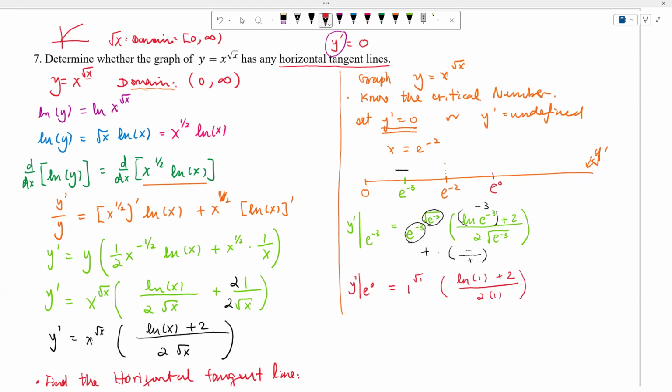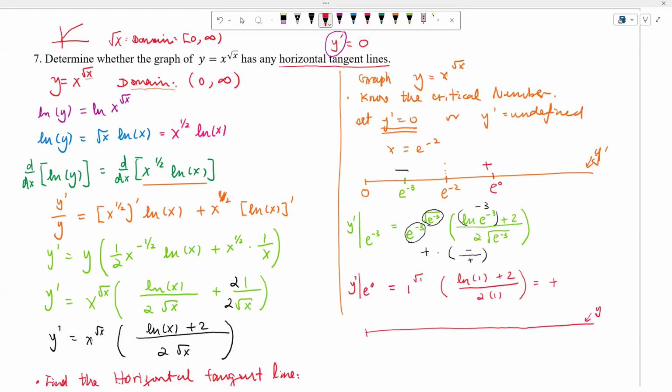You will see that this is positive, this is positive, this is positive. So this one is positive. So what do we know about this function y?